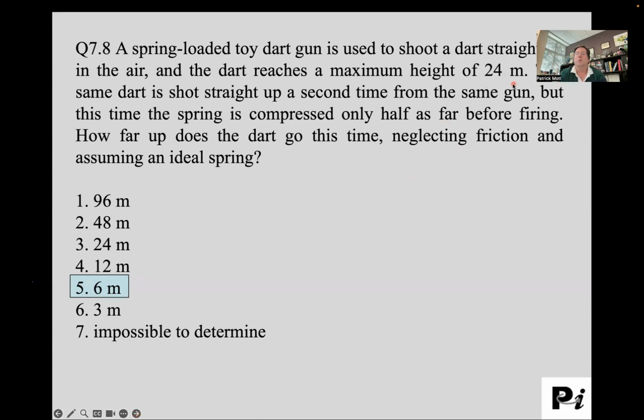If I could do enough work from the spring to raise it 24 meters with the full compression, with half the compression I can only do 1/4 as much work. So it's going to be only 6 meters high. Still high enough to get to the ceiling, but much less than 24.